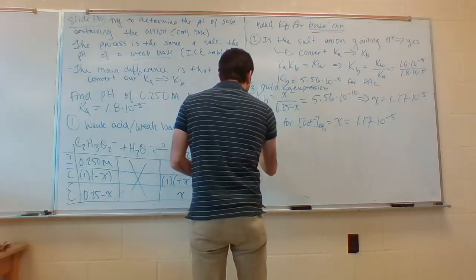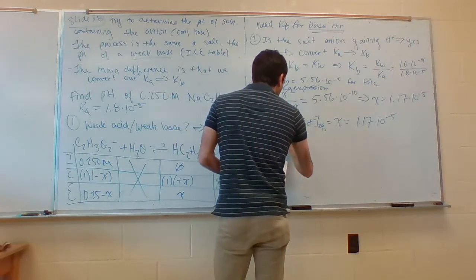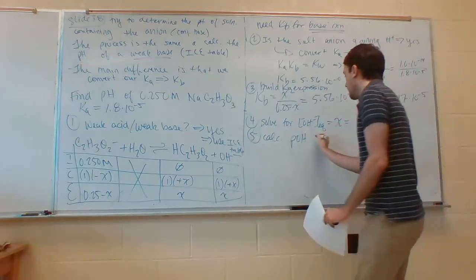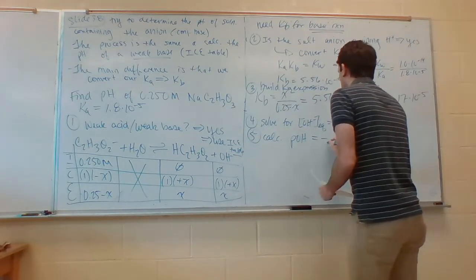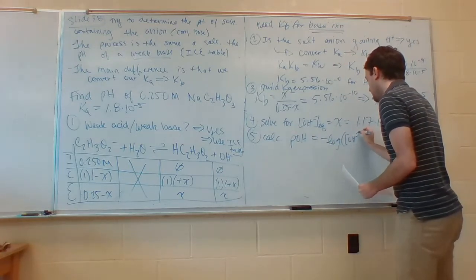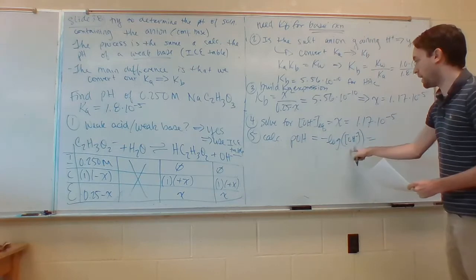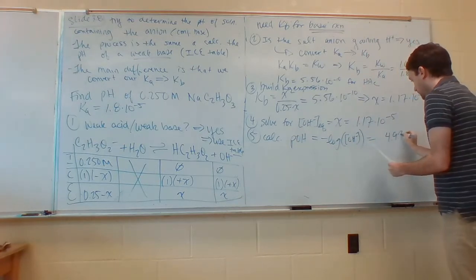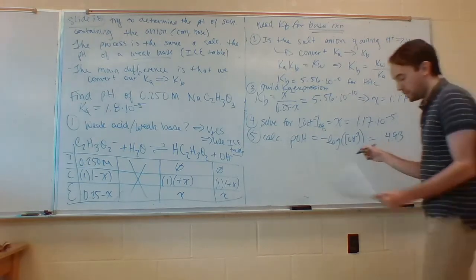Then we're going to calculate our pOH, again because we're dealing with a basic table, which is going to be the negative log of my concentration of OH minus. So I just plug that number into my log, and I get 4.93 as my pOH.